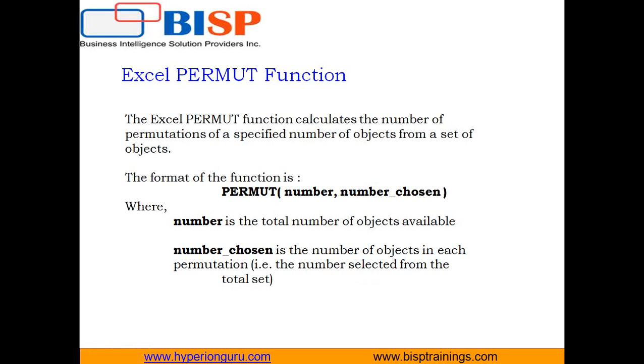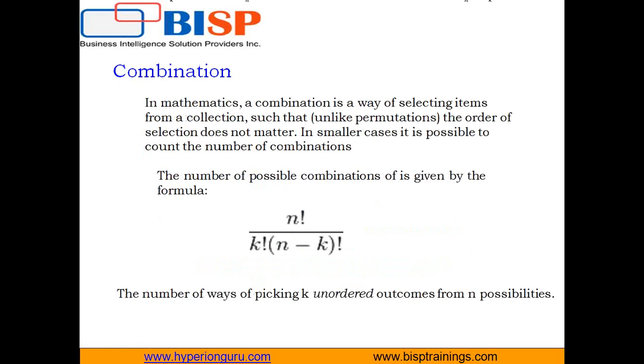So you have n items and want to find the number of ways k items can be ordered. And now let's talk about combination. Combination refers to the combination of n things taken k at a time without repetition. To refer to combinations in which repetition is allowed, the terms k-selection, k-multiset or k-combination with repetition are often used.